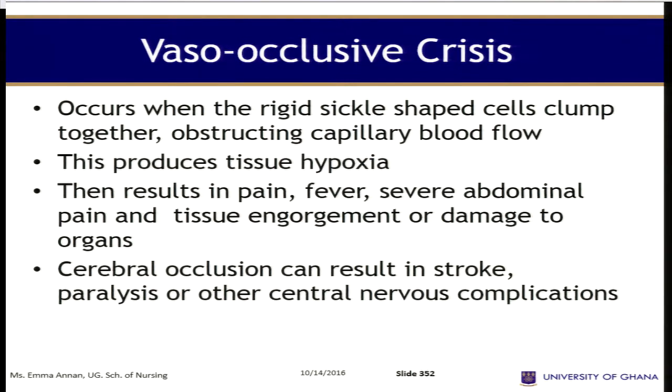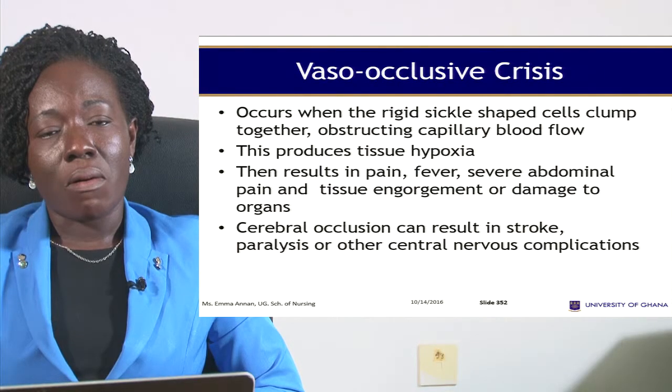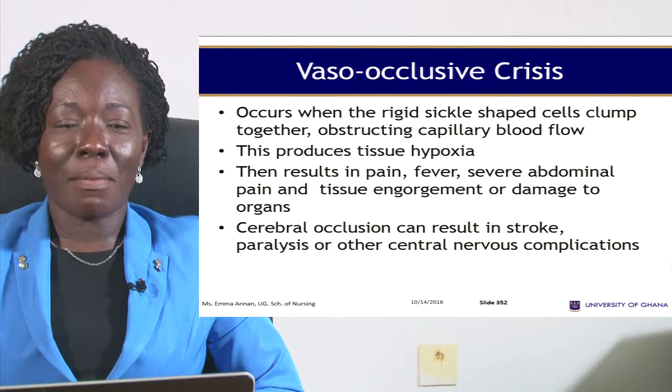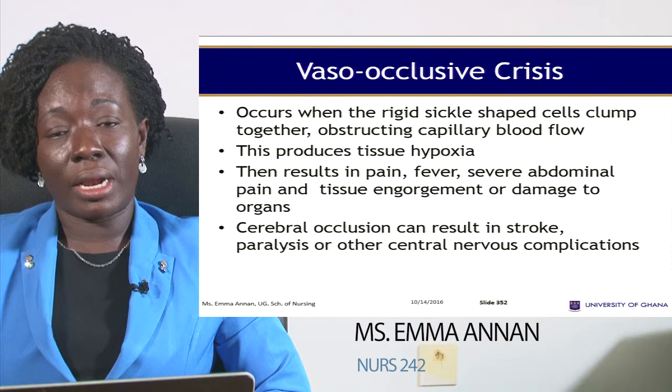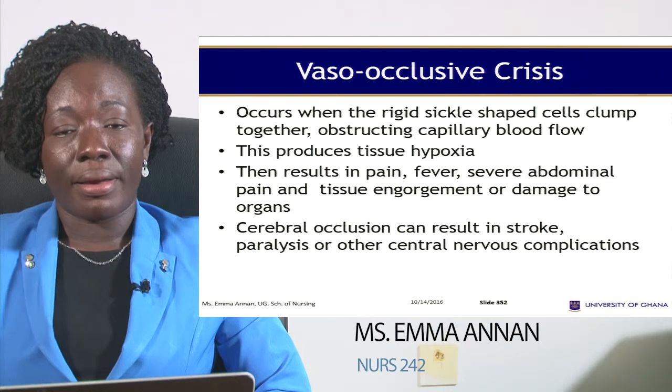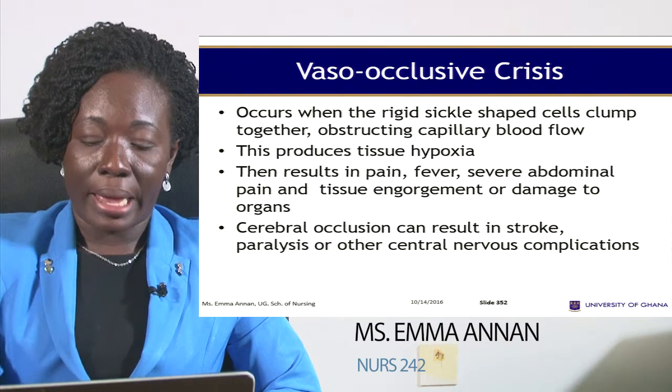Then the patient will start having pain, fever, severe abdominal pain, and tissue engorgement or damage to the organs, because the organs are going to be depleted of oxygen. There's also cerebral occlusion, which can result in stroke. Children can also have stroke or paralysis or other central nervous system complications.